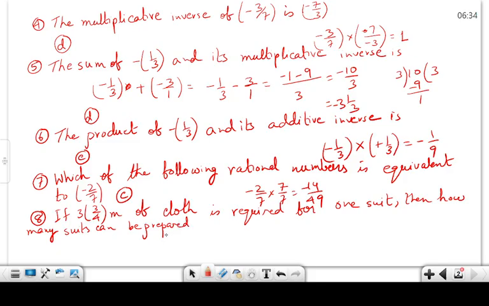How many suits can be prepared from 30 meter of cloth?